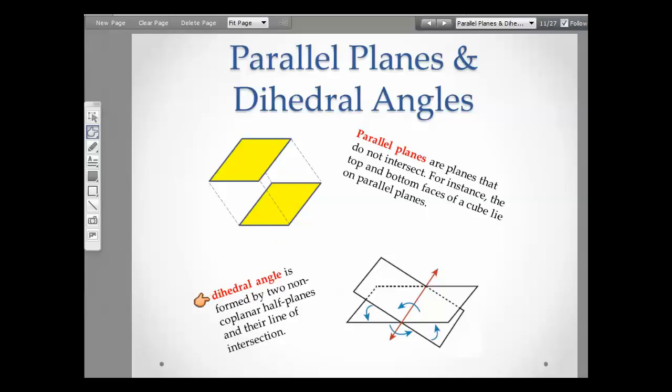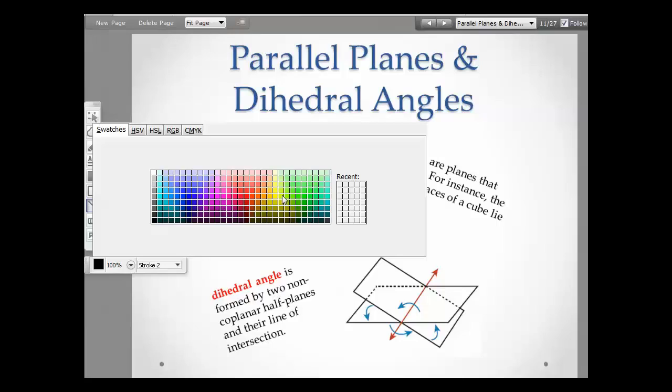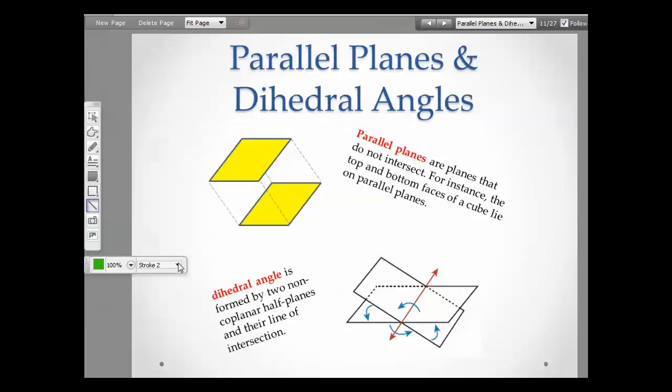A dihedral angle is formed by two noncoplanar half planes and their line of intersection. So if you look, these blue lines are indicating the dihedral angle. Here's one over here. So your dihedral angle is right there. Let me make it a little larger.